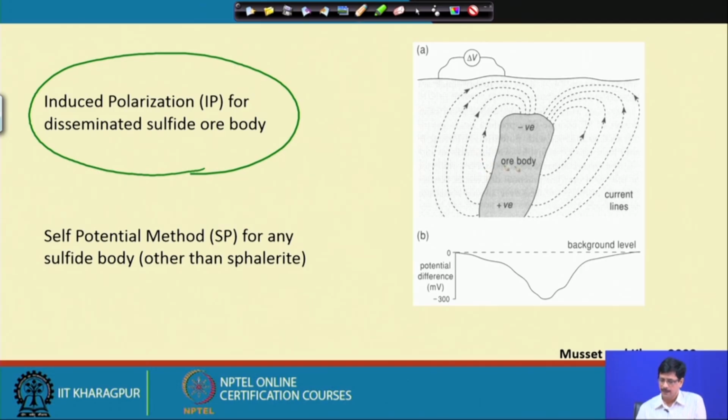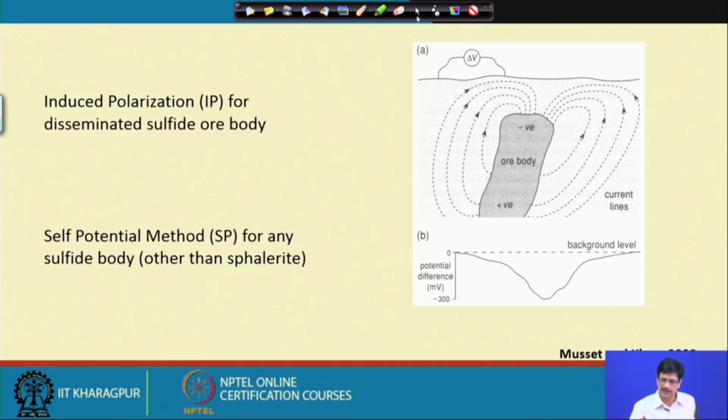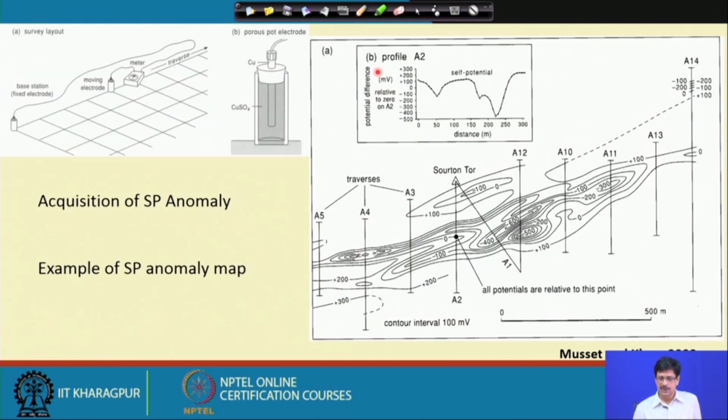Polarity develops by itself in different parts of the ore body, as shown here as negative and positive sides, and current flows through a closed circuit. The potential difference can be measured using a voltmeter, and this is how the self potential survey is done.